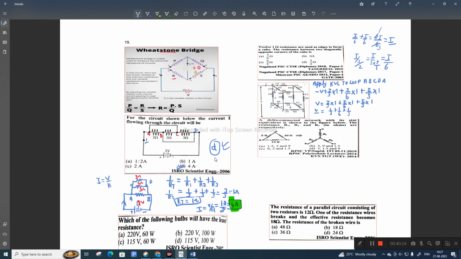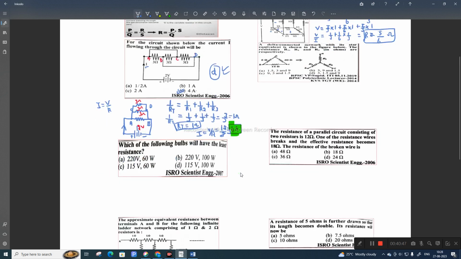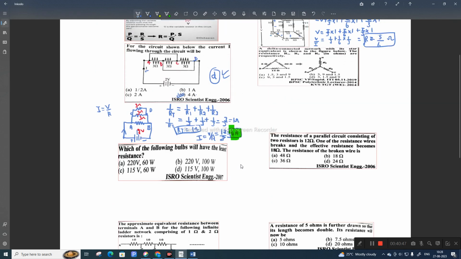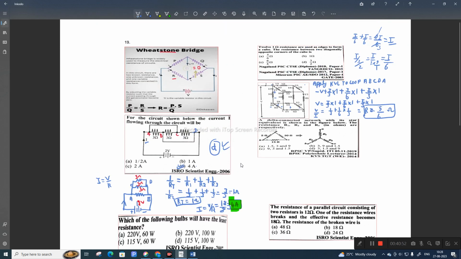This is V by I, you are taking I across and cross multiplying, so you have V by I is equal to R. Then the LCM is 6 and the numerator is 5. So R is equal to 5 by 6 ohms.